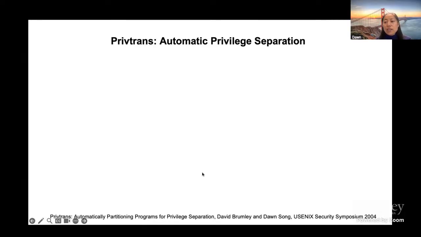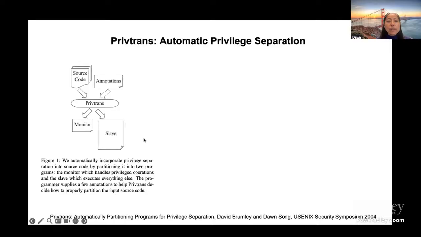Here I want to give an example from traditional systems, from work that my group did more than 2 decades ago, which illustrates the importance and benefits of privilege separation. In this case, we developed a system called PrivTrans to enable automatic privilege separation.